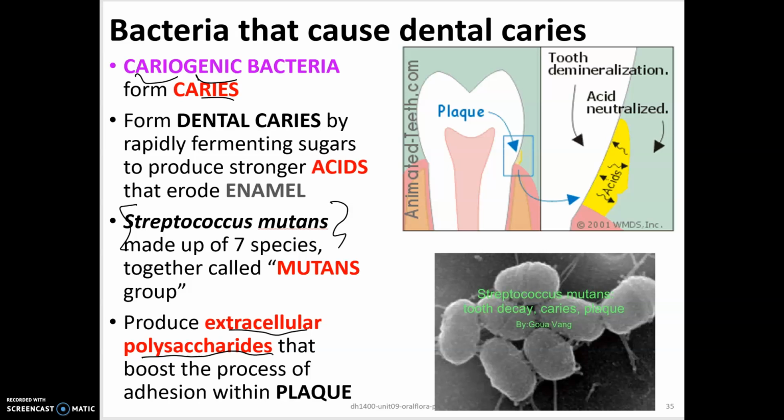It allows bacteria to form plaque where they couldn't before, and it boosts the amount of acid that's going to be next to the tooth that can cause a cavity. So our biggest cariogenic bacteria group are the Streptococcus mutans.